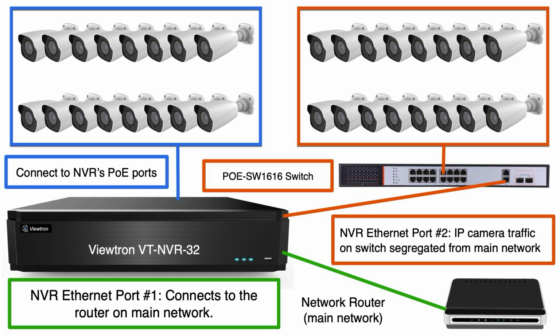The PoE switch in between the cameras and the NVR is going to a dedicated network port on the NVR, and then the second network port can be connected to your LAN, again, for remote access or local access from the mobile app for iPhone and Android and the desktop software for Mac and Windows.